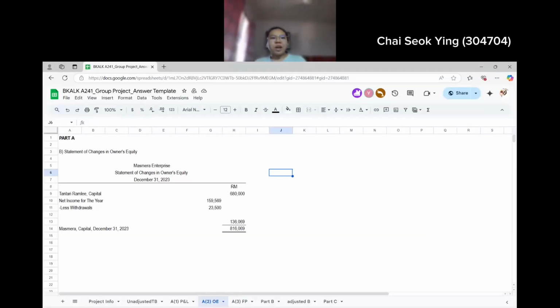So the net income, after less the withdrawals, will become 136,069. The capital plus the 136,069 will become the total capital of Masmera Enterprise, which is 816,069. So this is the total owner's equity of Masmera Enterprise. Do you guys understand? Yes.